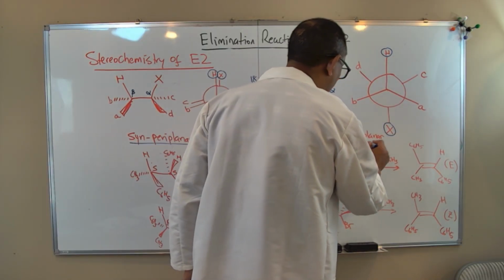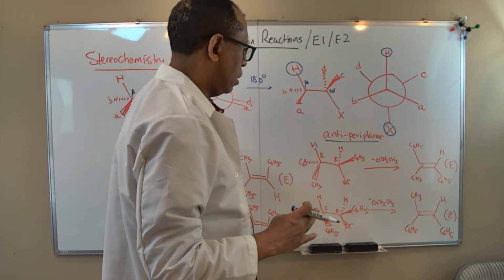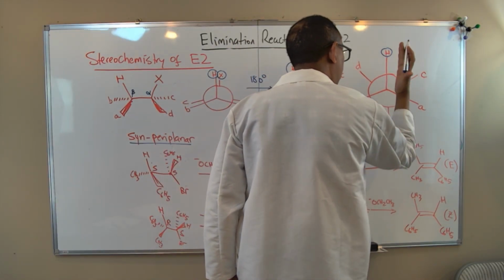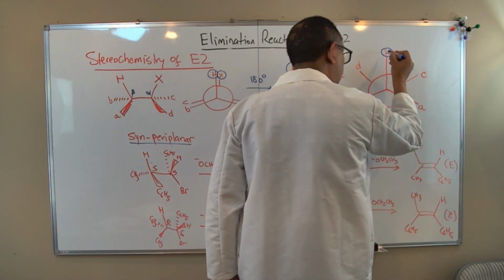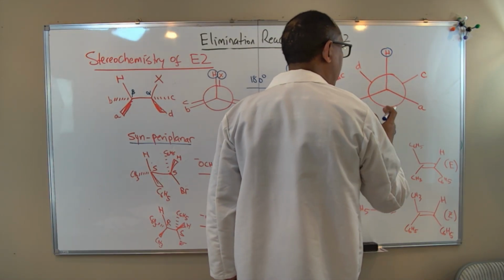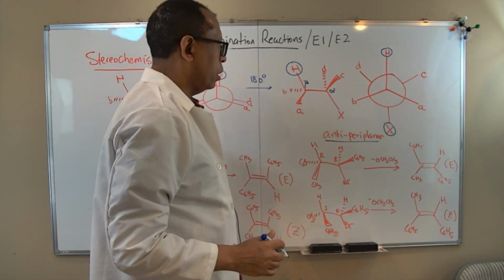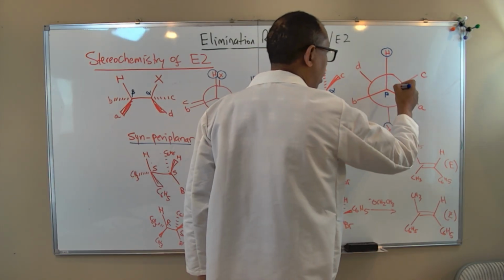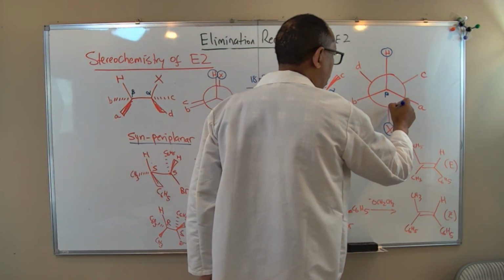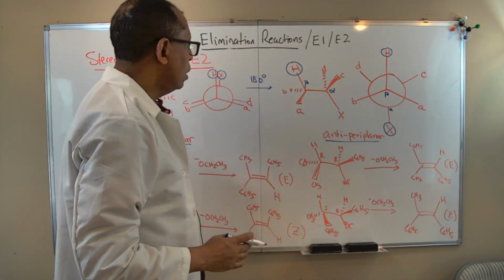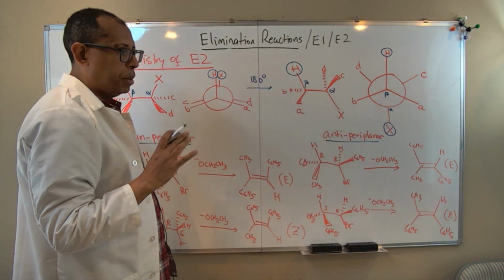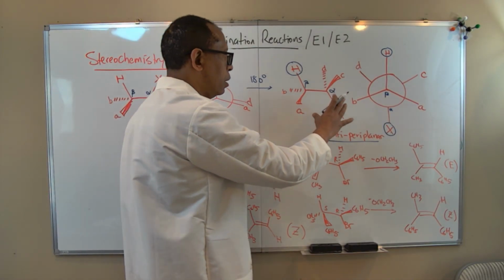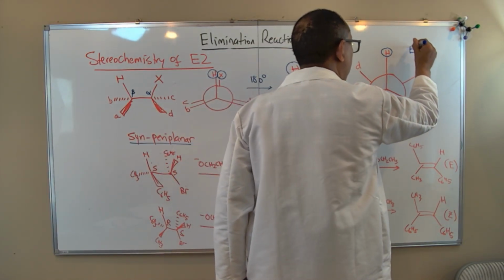So this is called antiperiplanar, meaning that they are on the same plane. If you see this as a plane, both the hydrogen and X are on the same plane, but in anti orientation. This is the beta carbon, and on the other carbon, this is the alpha carbon. Both are on the same plane, but 180 degrees to one another. This is important for an E2 reaction.